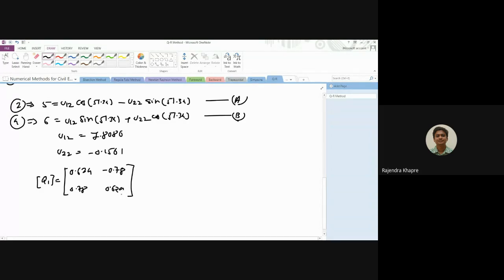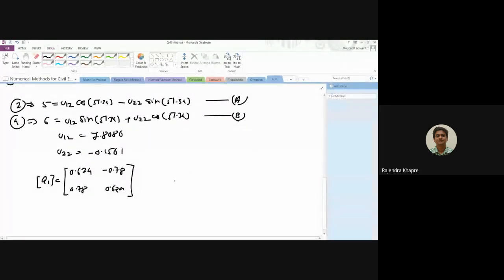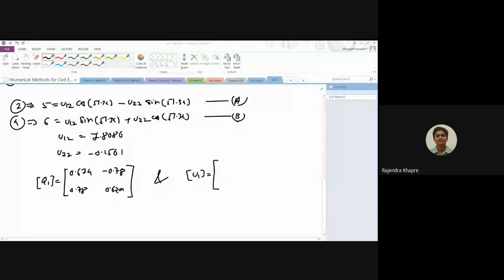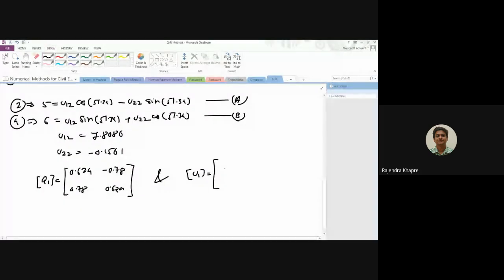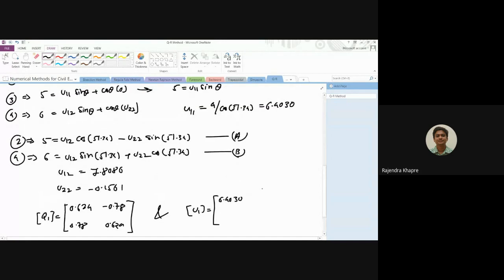So this is nothing but your Q1 matrix. As far as your U matrix is concerned, your U1 matrix will look like this: 6.403, which we have calculated over here, and then 7.8086, 0, and minus 0.1561.